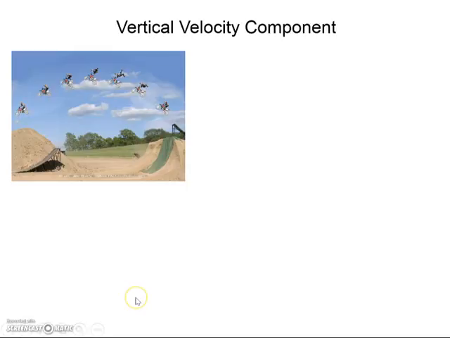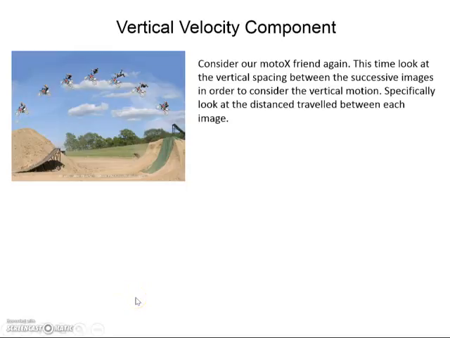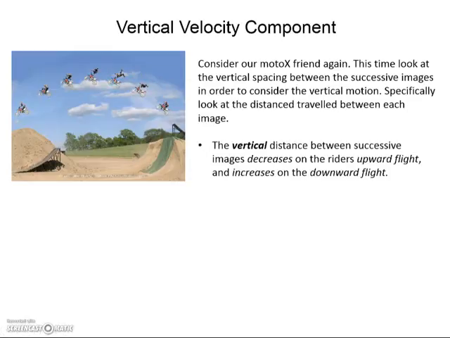But the vertical component, if we have a look at that same photo, and this time, instead of our vertical lines coming down, we draw horizontal lines across, we'd notice some interesting things, which is basically the distance traveled vertically between each image.